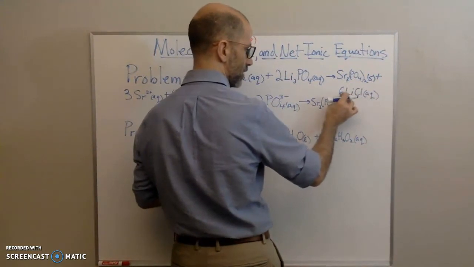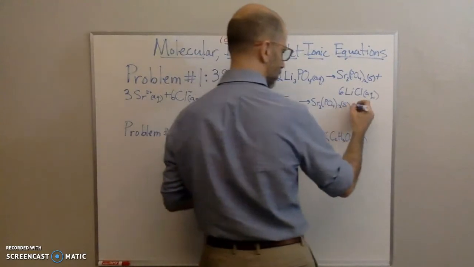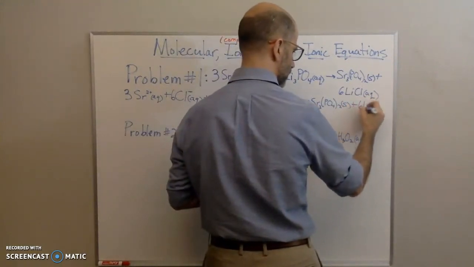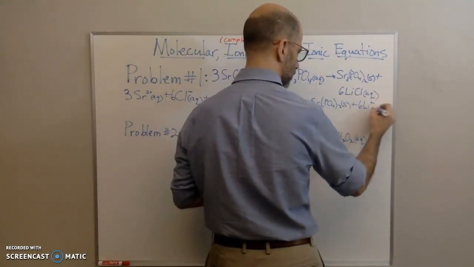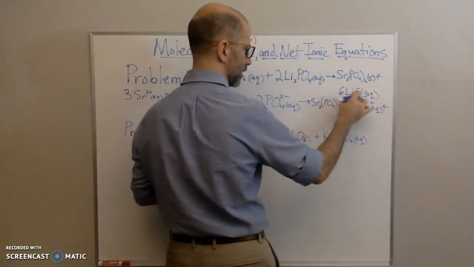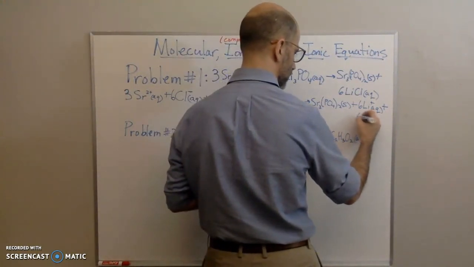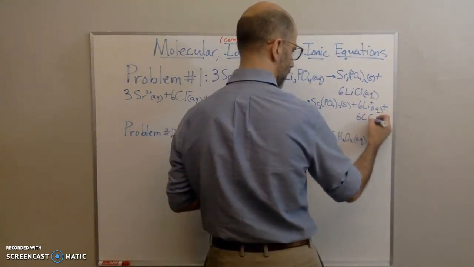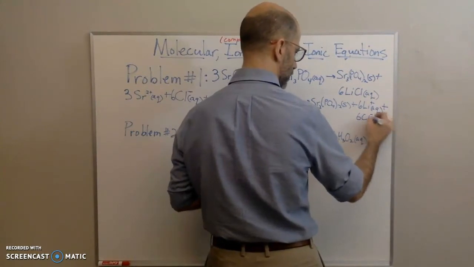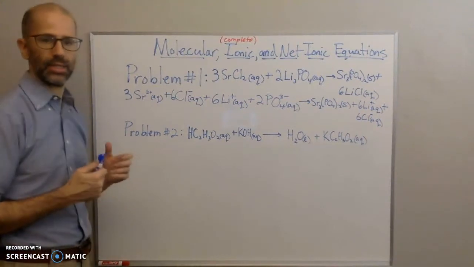Here we have a coefficient of 6, so that applies to lithium. So plus 6 Li+ aqueous, plus 6 chloride ions aqueous. So I'll write that down here: 6 Cl- aqueous. And so that is our complete ionic equation.